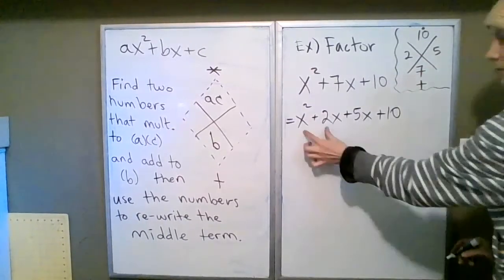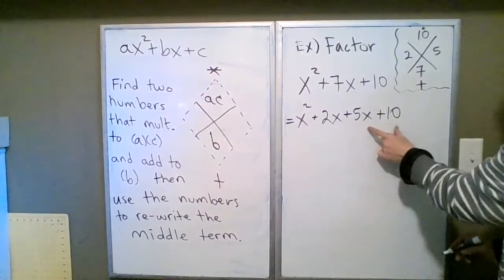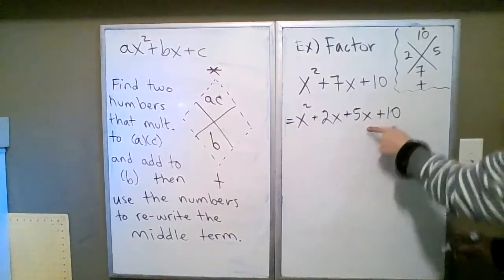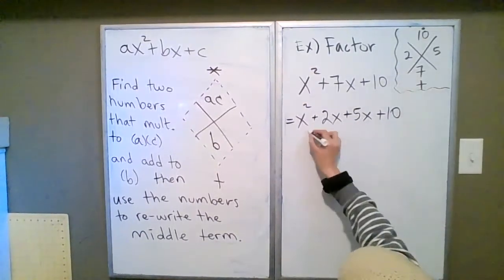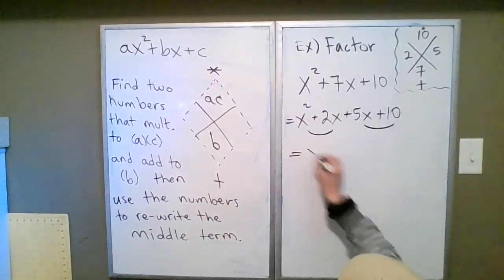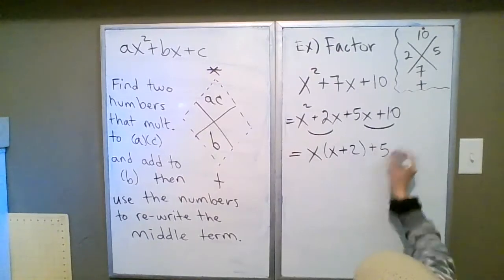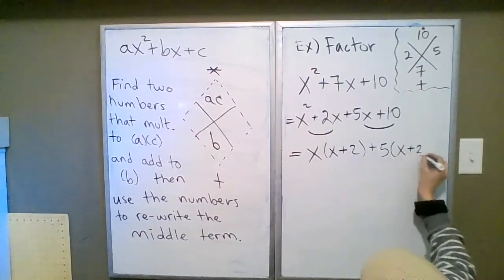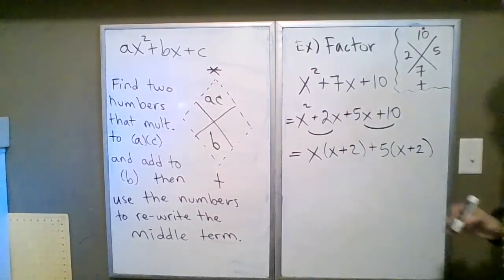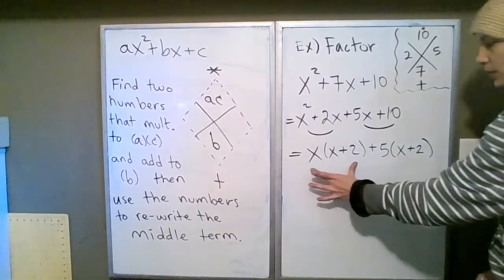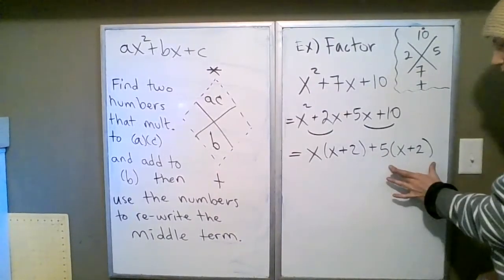Okay, so from the first pair, we can factor out an x. From the second pair, we can factor out a 5. Okay, they've got two terms. This one plus this one.